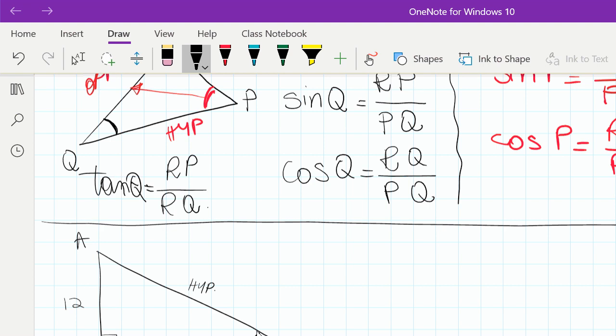So in this case, we will use the Pythagorean theorem. a squared plus b squared is equal to c squared, which means in our case, 15 squared plus 12 squared is equal to c squared, which is the hypotenuse squared.